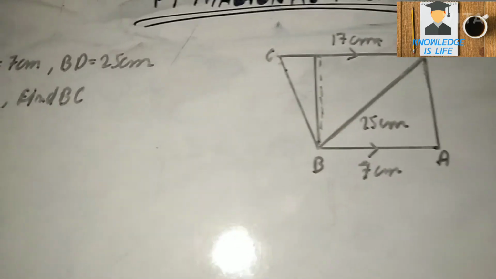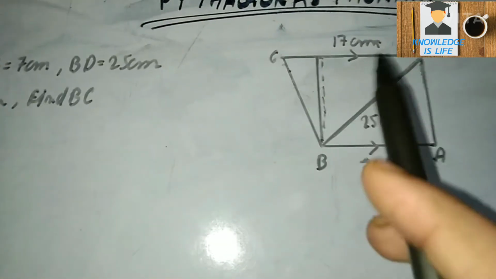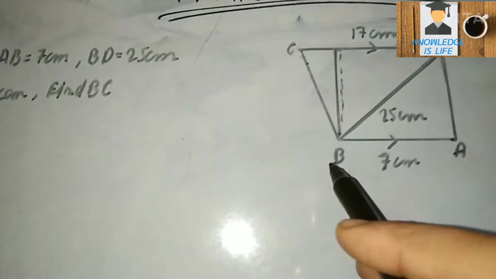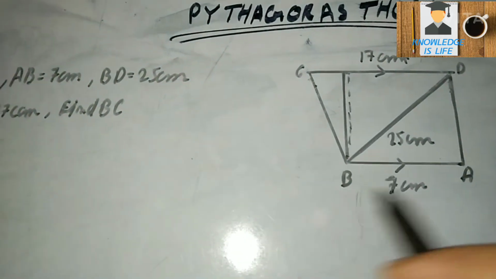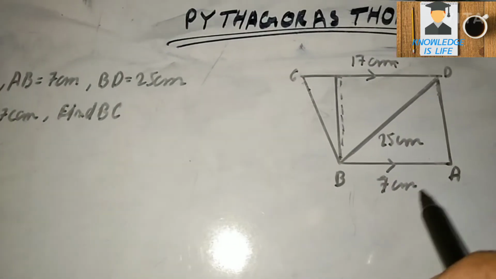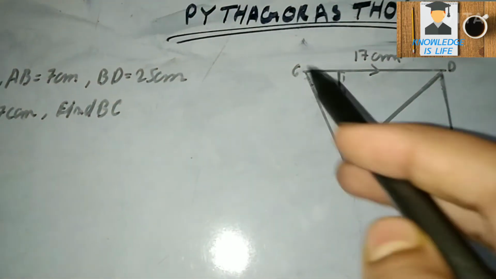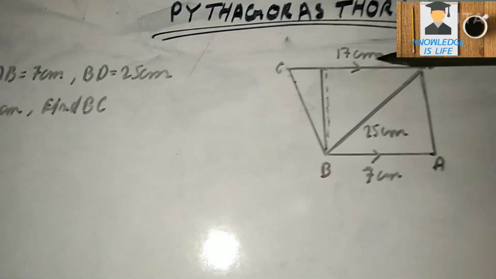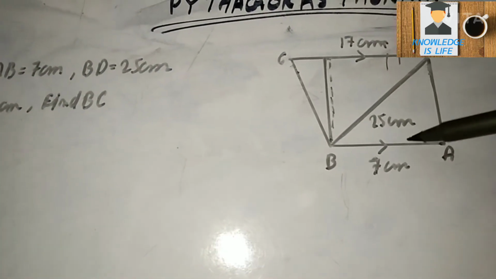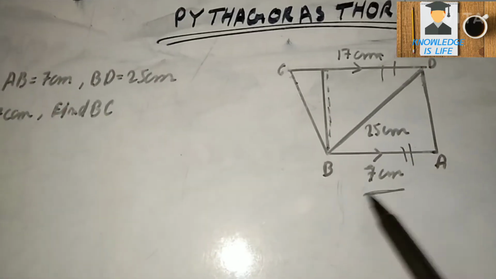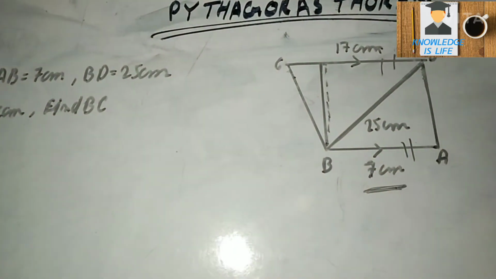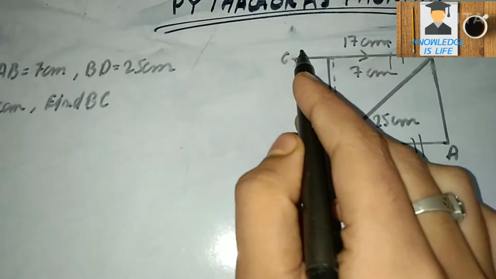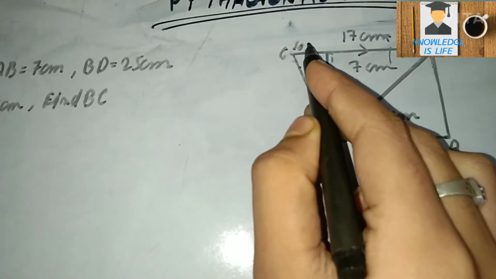This diagram is small, so it is difficult to understand the actual lengths here. We see that the line AB is 7 centimeters and CD is parallel to it. After drawing this line, these are parallel. So if this is 7 centimeters, this will also be 7 centimeters, and the remaining part is 10 centimeters.